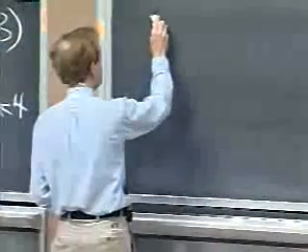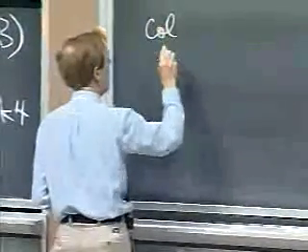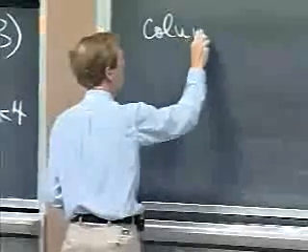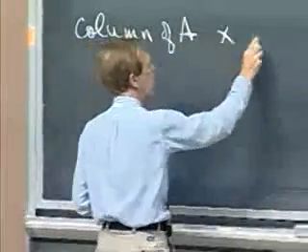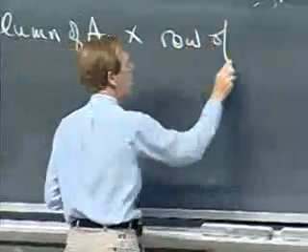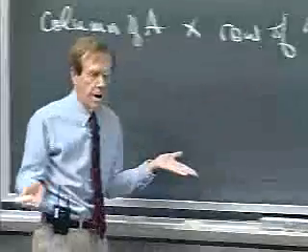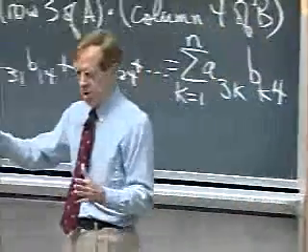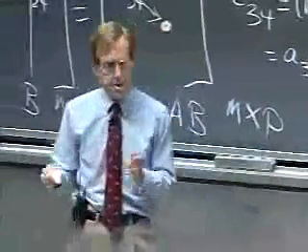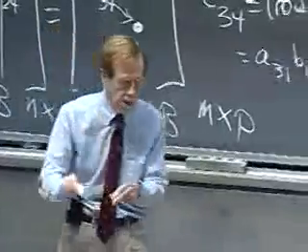What does, if I multiply a column of A times a row of B, what shape am I ending up with? So if I take a column times a row, that's definitely different from taking a row times a column.